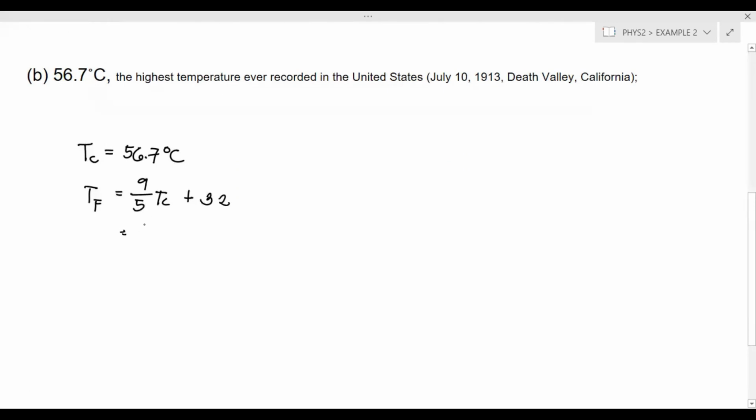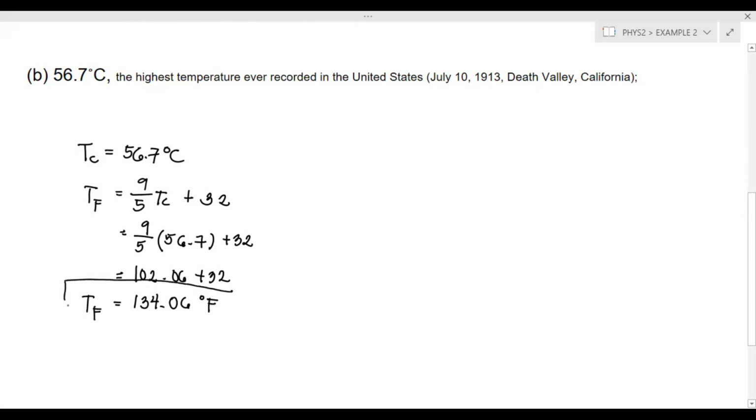You substitute your Tc now: 9/5 times 56.7, that's 102.06, plus 32. So the answer now is 134.06 degree Fahrenheit. This is the answer for letter B. So this is how you convert from degree Celsius to degree Fahrenheit.